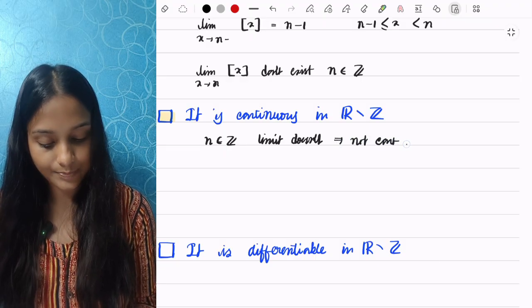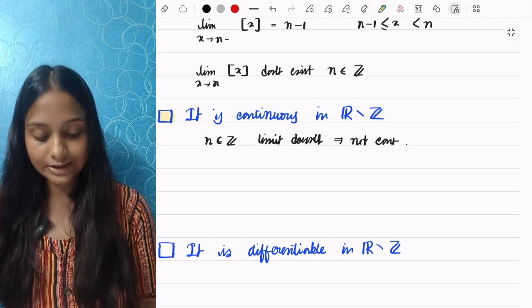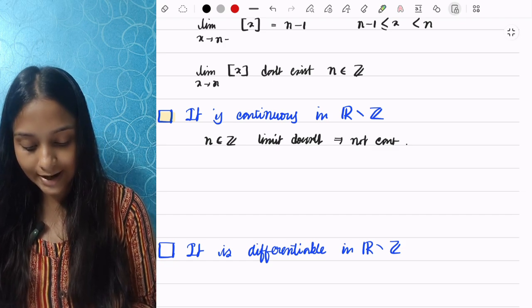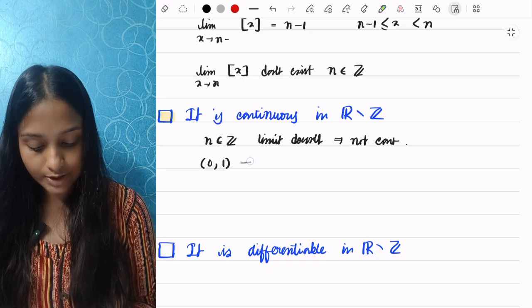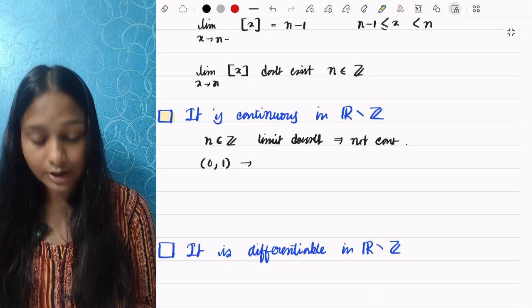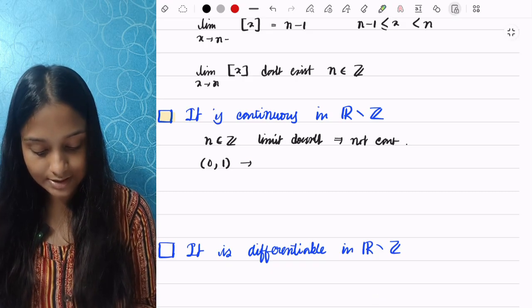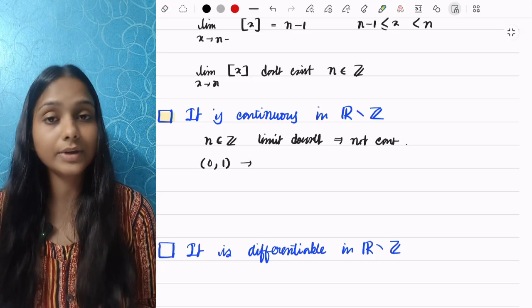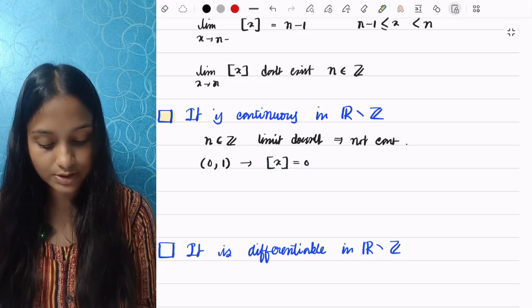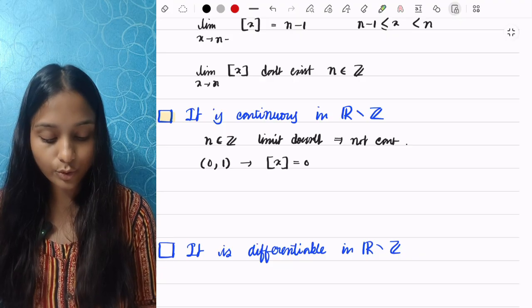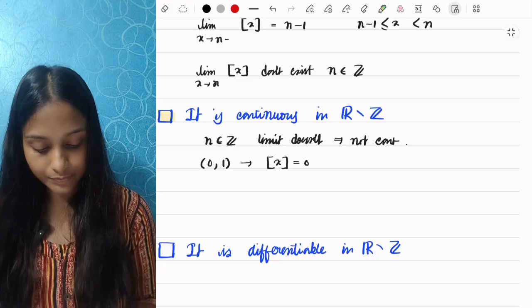We can directly say that. But for the other values, the non-integer parts, like in 0 to 1, we will have the constant value. That is, whatever the value will be, that will be the constant value. Like for this, we will have the value floor x equals 0. This is a constant. So obviously it will be a continuous function in that interval.